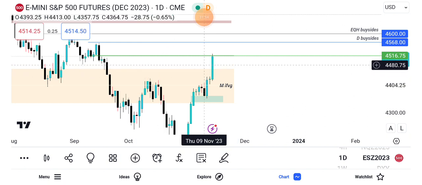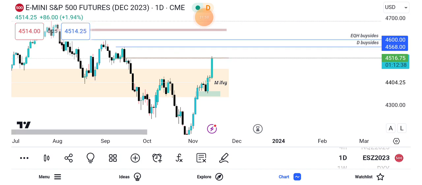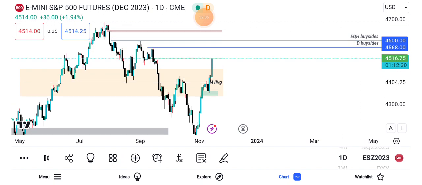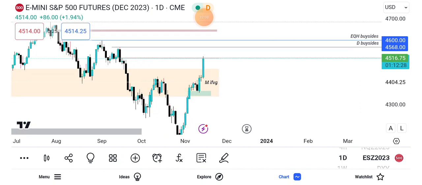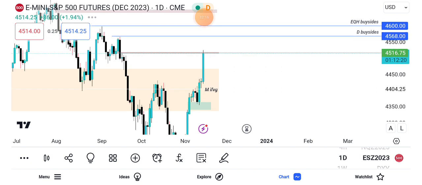So a confirmation from the higher time frames that this is a reversal, like we're going higher. So we'll be bullish, looking for the expansions higher.